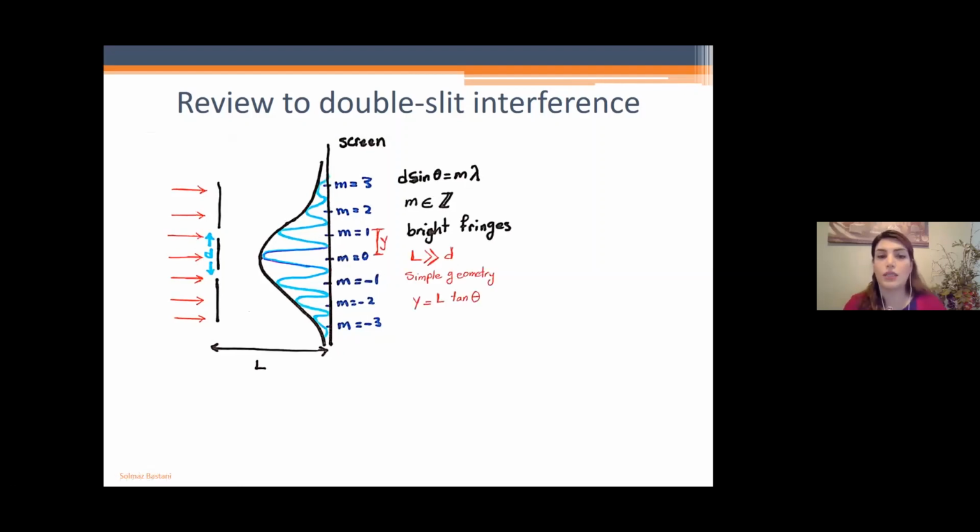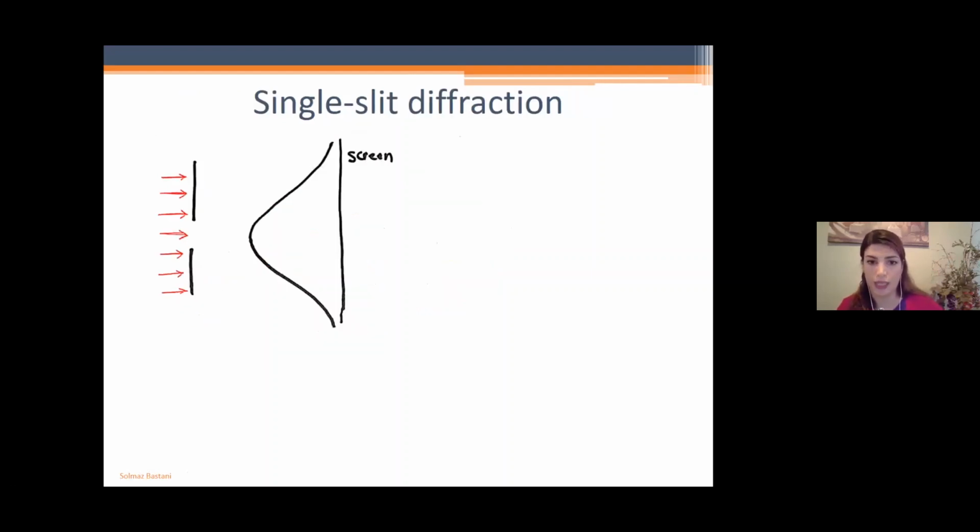The simple geometry gave us this equation, that the distance between two consecutive light fringes can be written as L tangent theta, where L is this distance here, and theta is the angle between the center line and the first or the second, depending on the fringe that you want, light fringes. Okay, so that was a review of double slit interference.